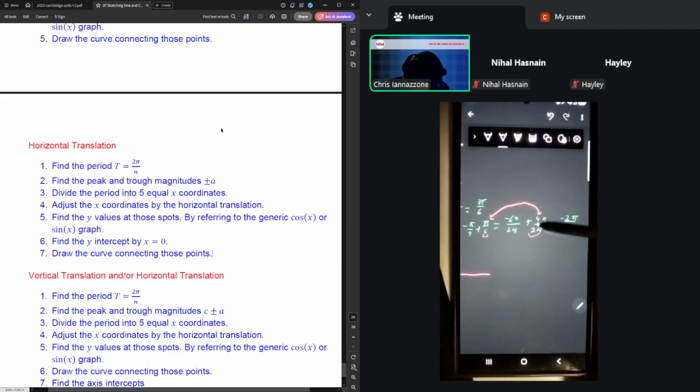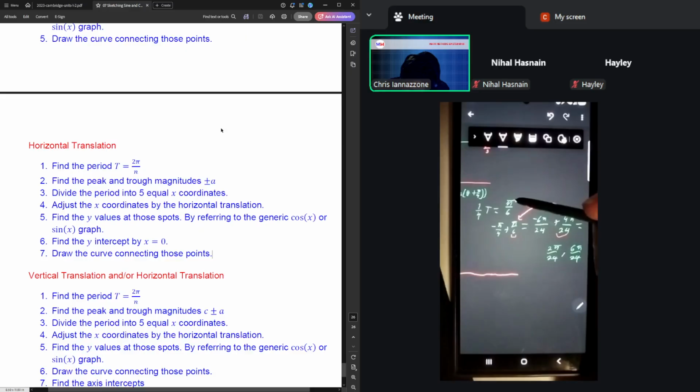So because this is 4 pi on 24, and this is our next key feature, we now start at where we left off, negative 2 pi on 24. If again we add a quarter period to that, we're now going to have 4 plus negative 2 for positive 2 pi on 24, and then again add another 4. 4, 5, 6 pi on 24, and then just keep counting until you get 5 values, which includes this one.